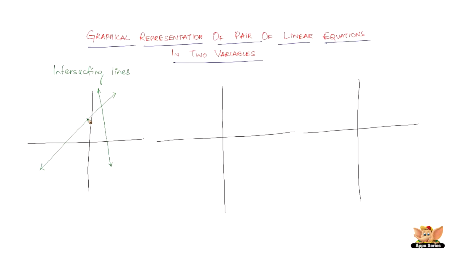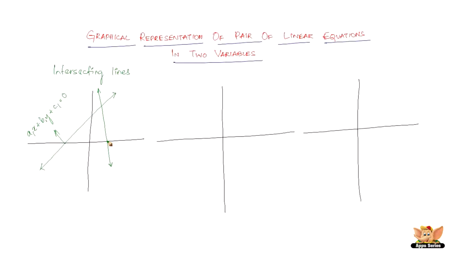Remember, both these green lines represent a linear equation in two variables. Say this line would be a1x plus b1y plus c1 equal to 0, where a1, b1 and c1 are constants and x and y are the two variables we're talking about.